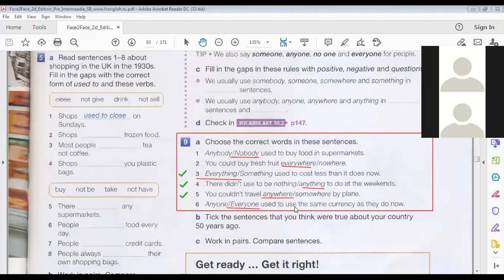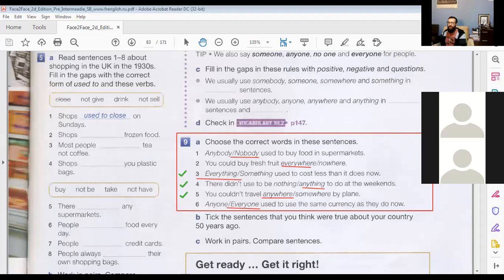Teacher? Yeah? What's the meaning of currency? Currency, it means the type of money, like dollars, pounds, dinar, lira, peso.